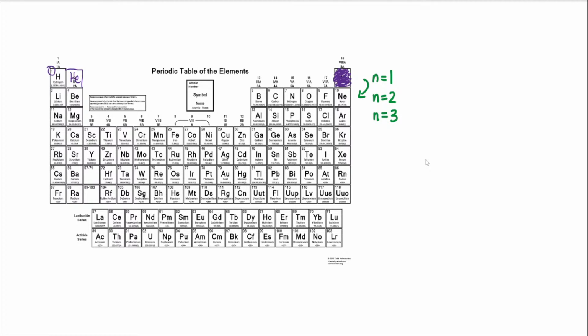Okay. And initially, you have just 2 electrons before you have to start a new level. That represents the first electron that would go into the 1s.